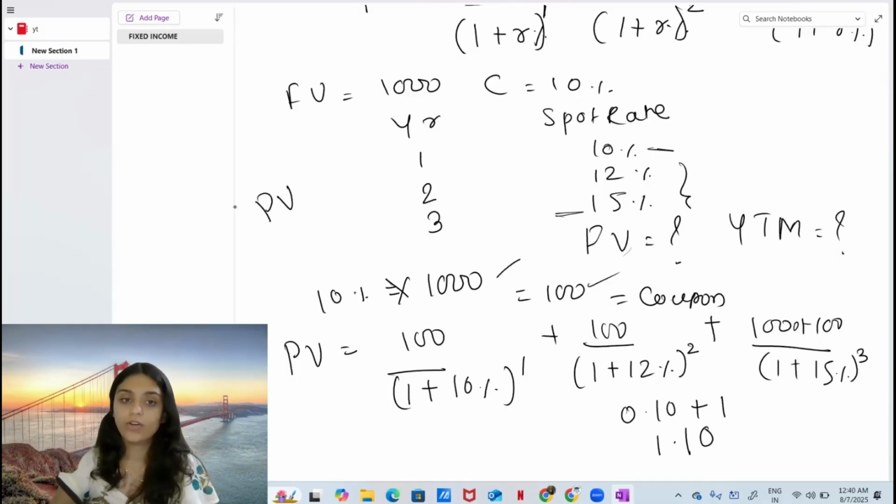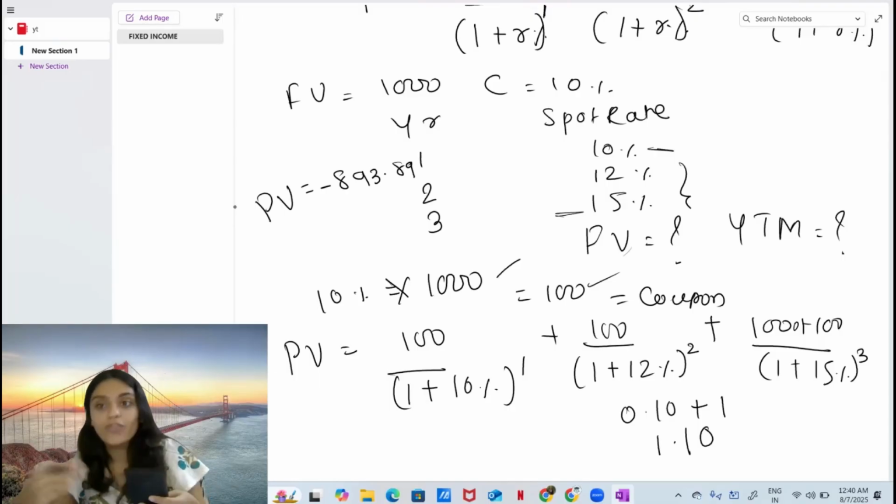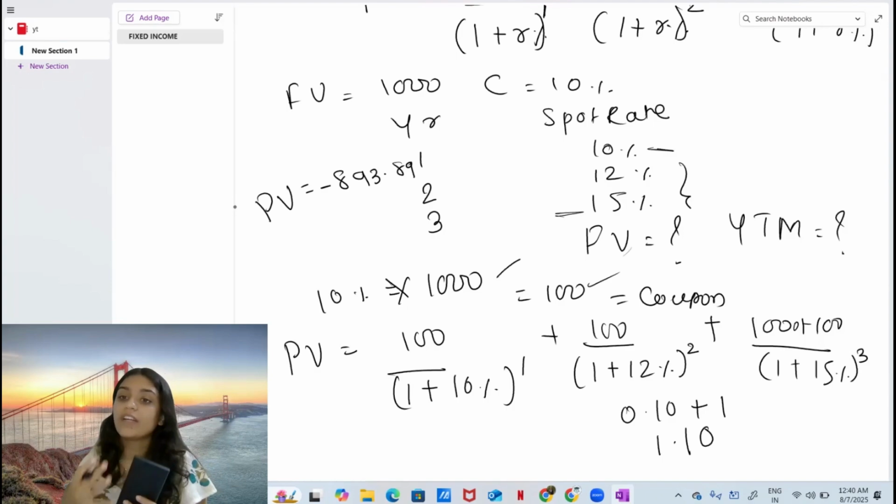So you have got your present value as 893.89. Now this present value will always be negative because that is the amount that you have invested. That is the outflow cash flow. So when it is outflow, it will be negative.